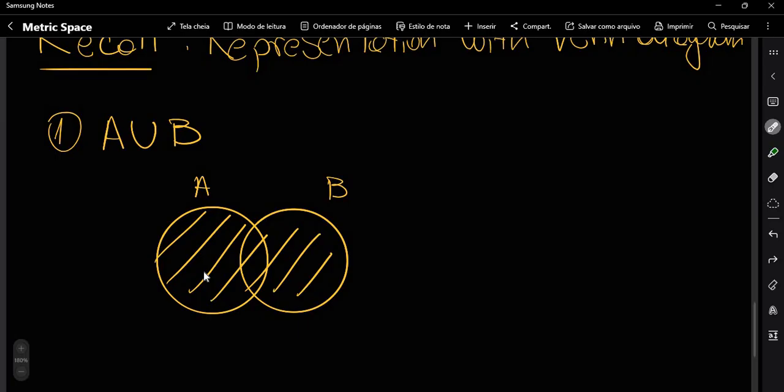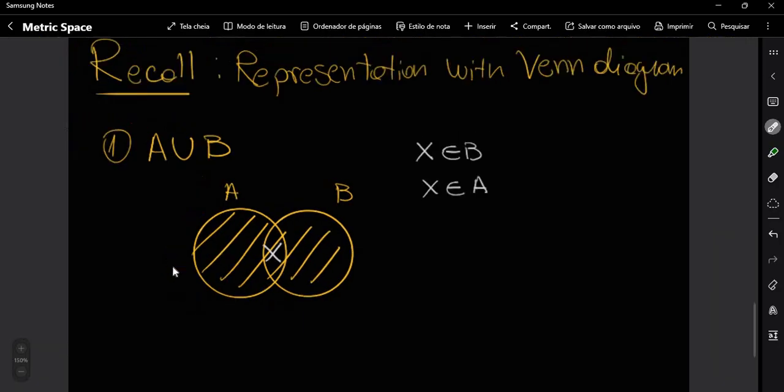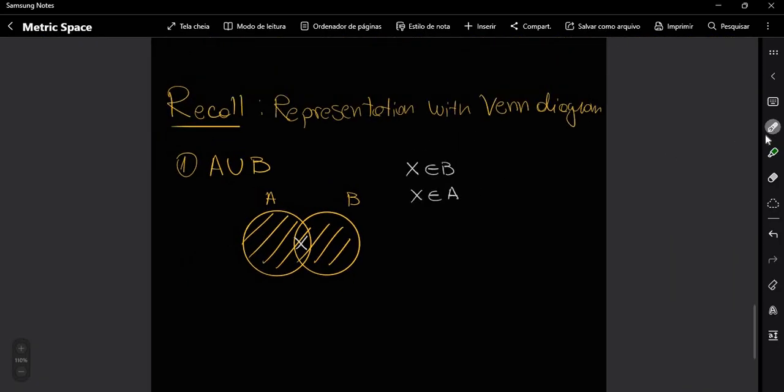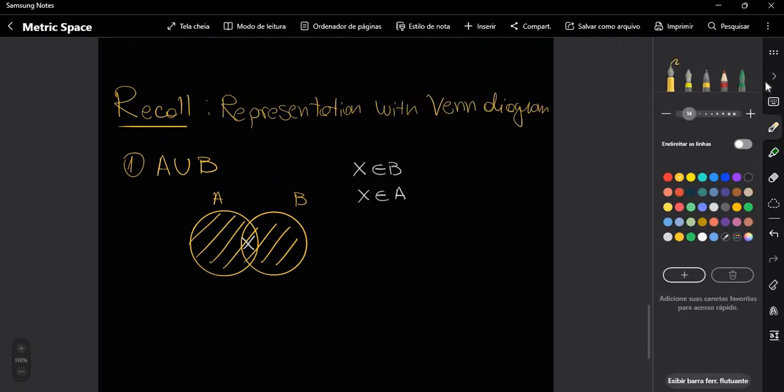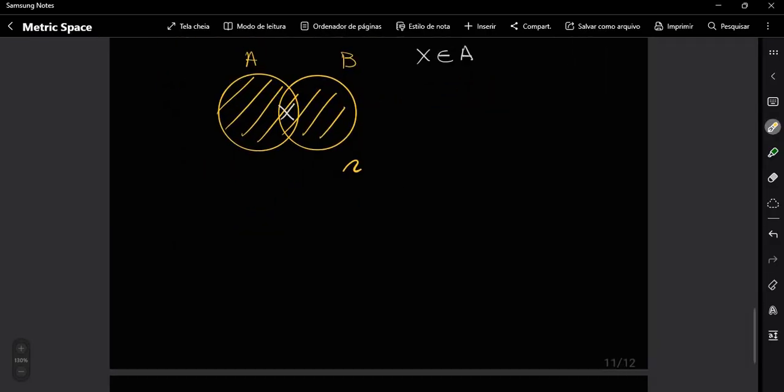And representing this element right on the intersection between the sets, we can write that x belongs both to B and A. Okay, and now what about intersection?